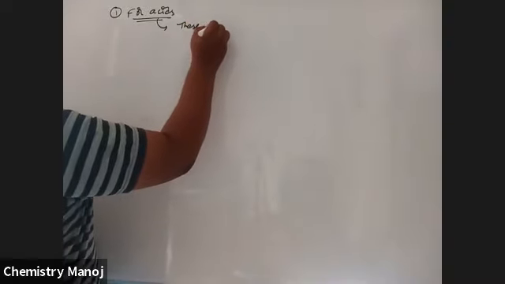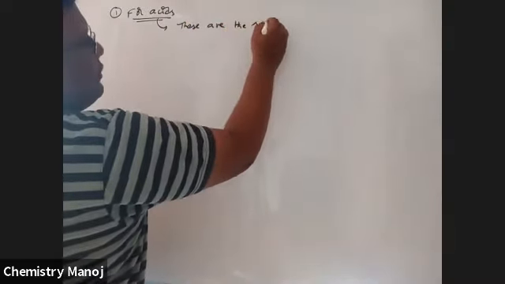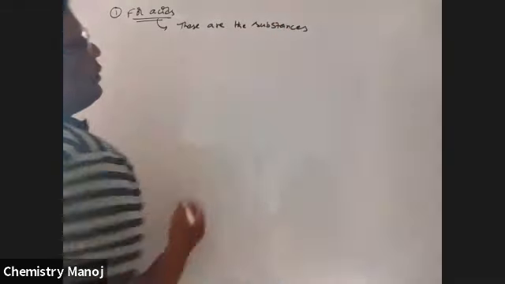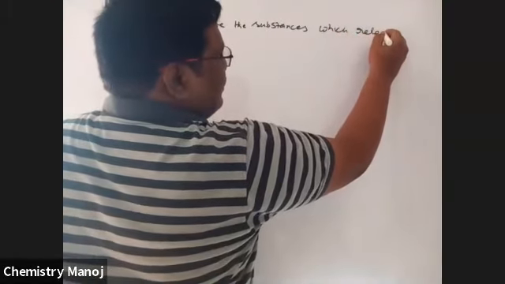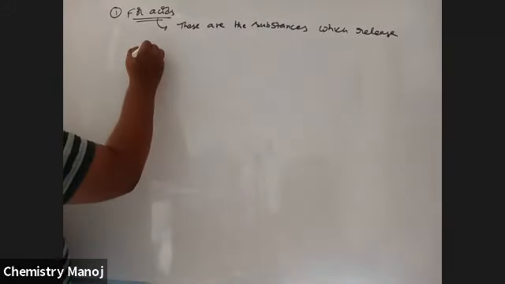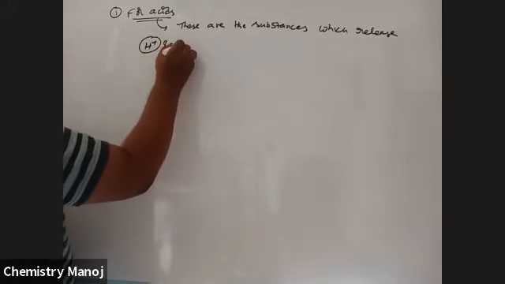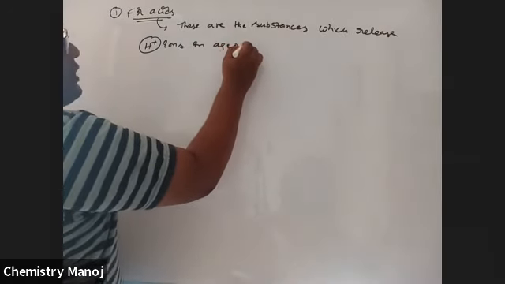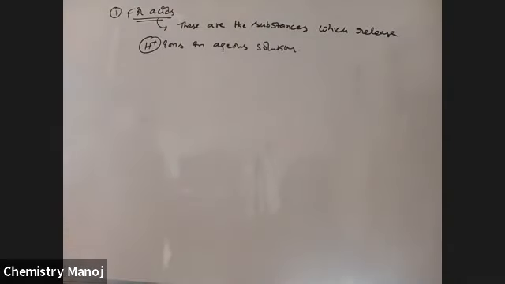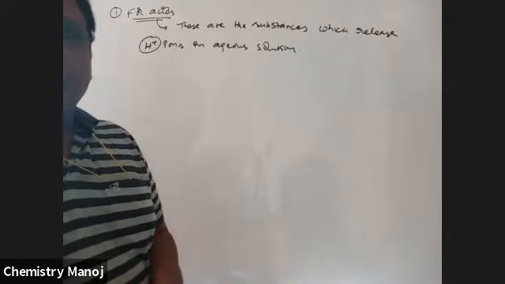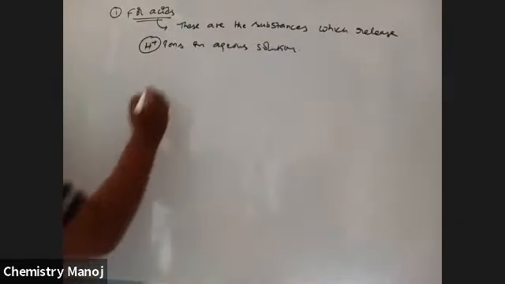Acids are the substances which release H plus ions in aqueous solution. This is generally the Arrhenius theory. According to Arrhenius theory, an acid is a substance which releases H plus ions in aqueous solution. So whatever the substance, if it releases H plus, it is automatically taken as an acid.